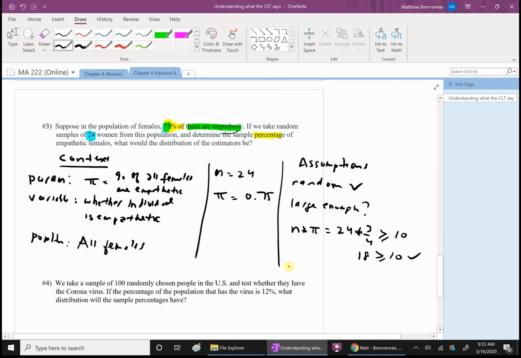But we also have to have n times 1 minus pi greater than or equal to 10. So this is going to be 24 times 1/4. And notice this is not true. 6 is not greater than or equal to 10. So our sample is not large enough. Therefore, the answer to our problem is we can't use the central limit theorem because our assumptions are not satisfied. So we can't do the problem.